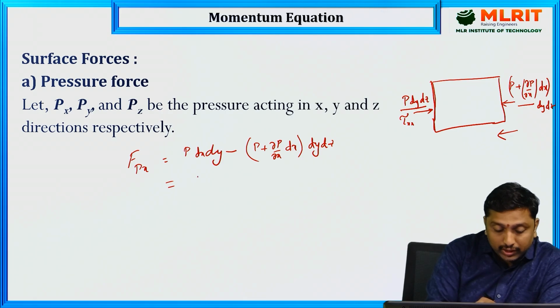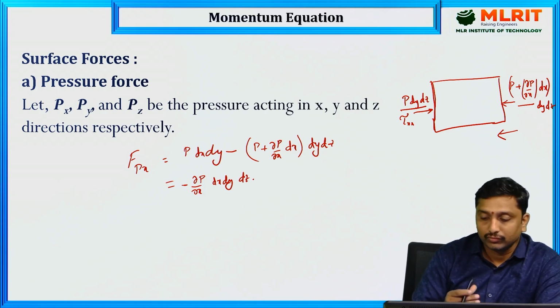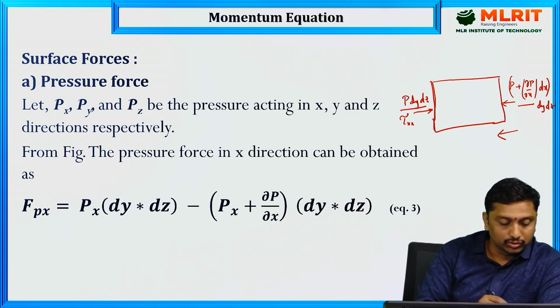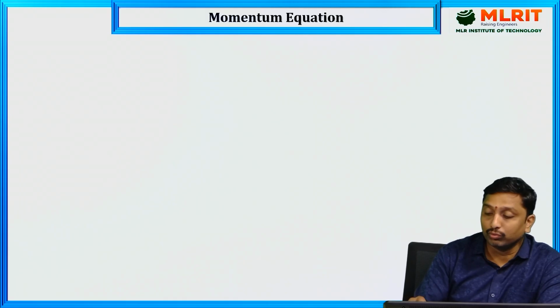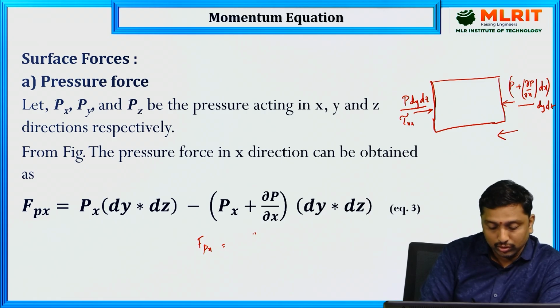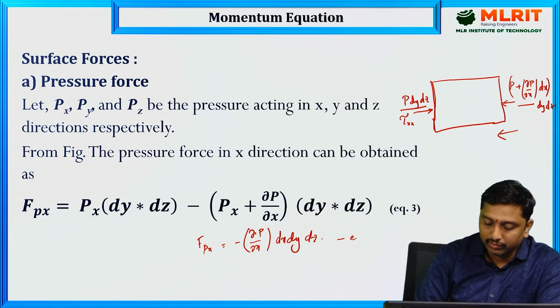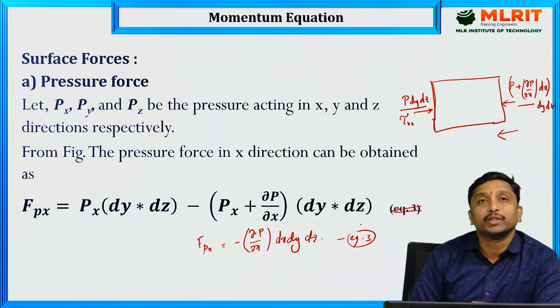If I reduce this, I can rewrite the equation as minus dou P by dou x into dx dy dz. So this is the net pressure force in x direction. So in x direction, the total force is Fpx equals minus dou P by dou x into dx dy dz. Let it be equation 3.